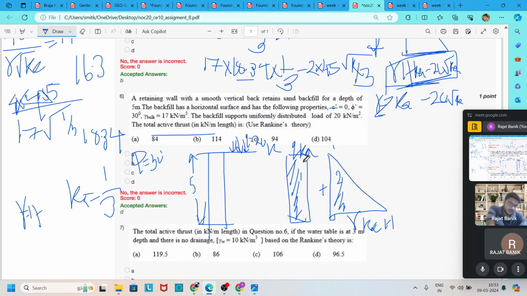Area 1 is Q into Ka into height of the wall H, and area 2 is the area of the triangle, half into gamma Ka base into height H. So put in all these values: Q is 20, Ka is 1 by 3, H is 5, plus half into gamma 17, into 1 by 3, into 5 square, that is height square.